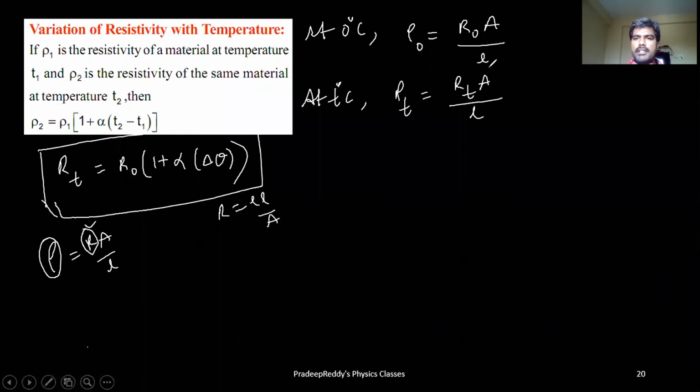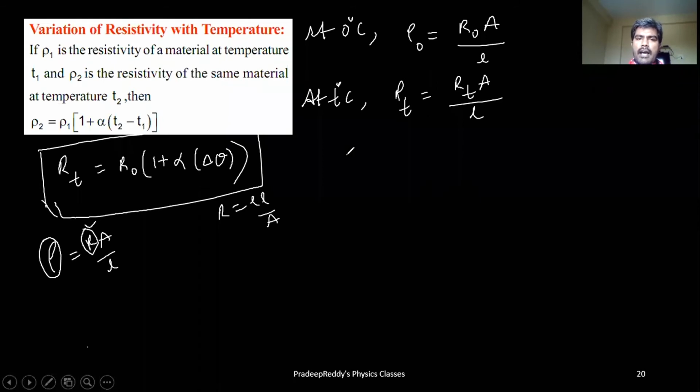We are not changing them. So at temperature 0 degrees Celsius, resistance is R naught, and at temperature T degrees Celsius, I am writing it as R T. Okay. You can take it as Kelvin also, 0 degrees Celsius or 0 Kelvin, no problem with that. That does not make a huge difference.